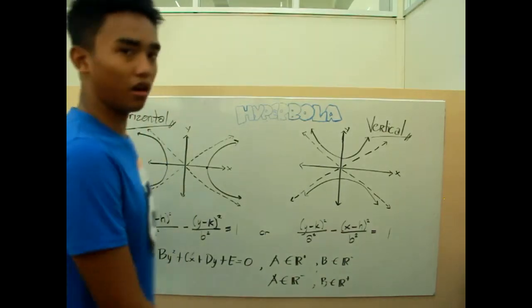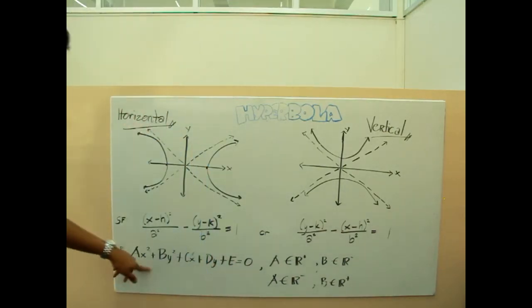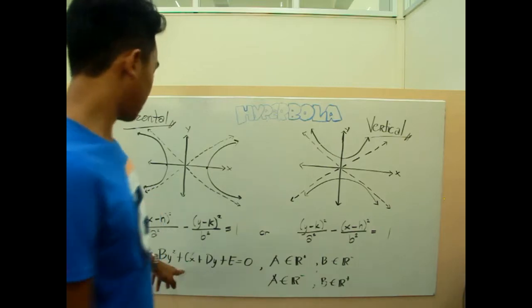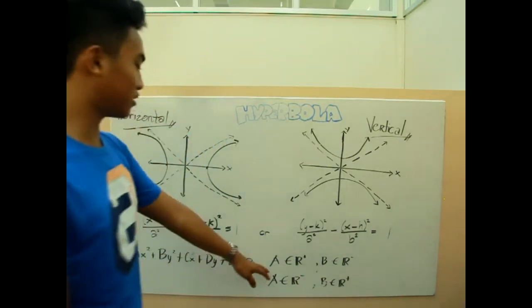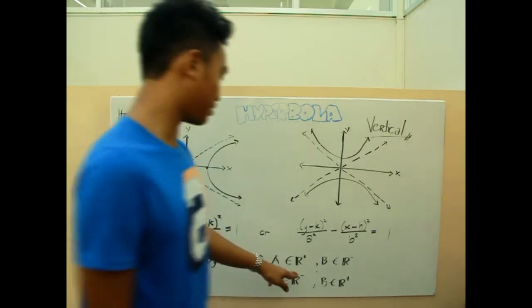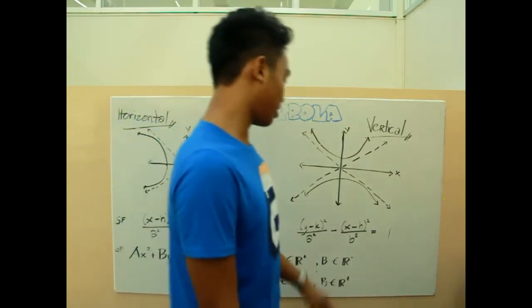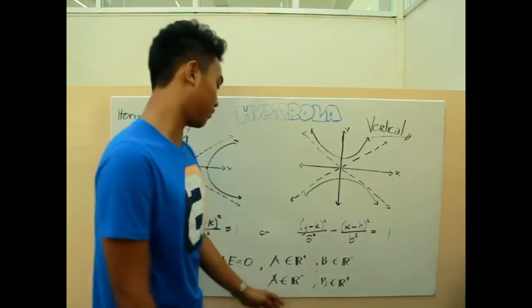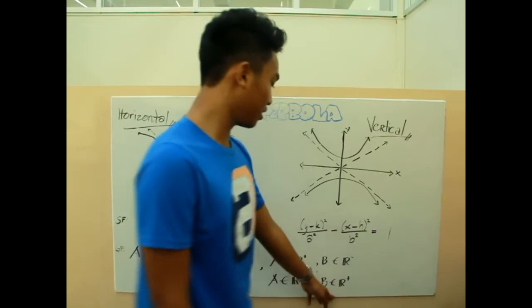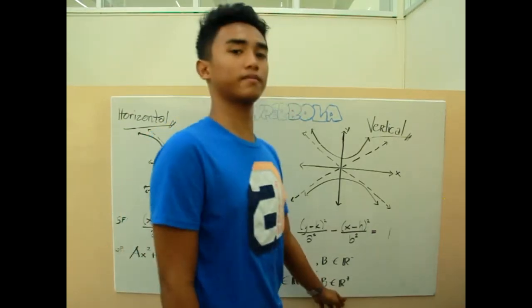The general form of the hyperbola is ax squared plus by squared plus cx plus dy plus e equals 0, where a is an element of the positive real numbers and b is an element of the negative real numbers, or a is an element of the negative real numbers and b is an element of the positive real numbers.